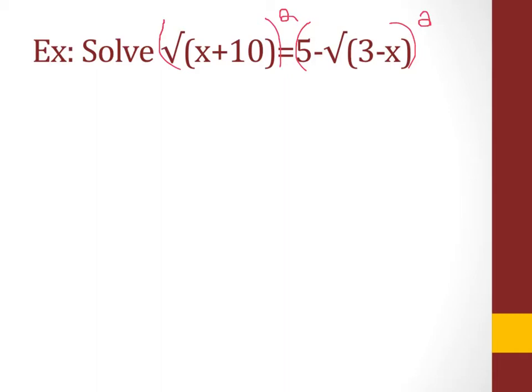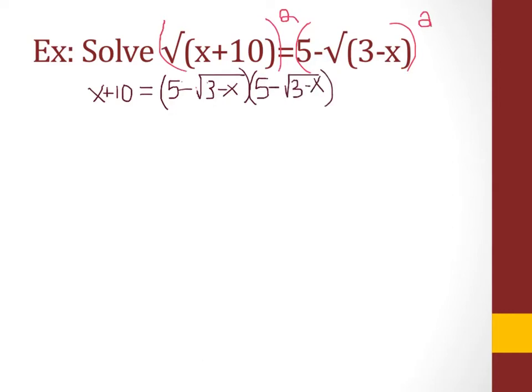After we do that, we have x plus 10 equals 5 minus the square root of 3 minus x times 5 minus the square root of 3 minus x. This is just rewriting what's happening on the right side.